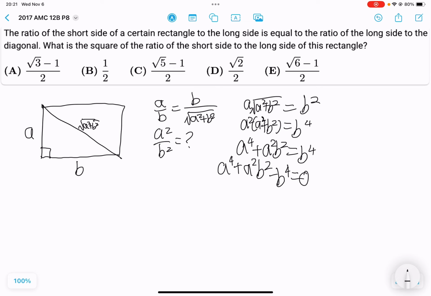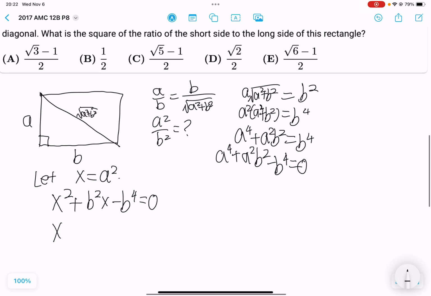But what we can do is solve it using the quadratic formula for A squared. To make this simpler, we're going to let x equal A squared. So we can write this equation as x squared plus B squared x minus B to the power of 4 equals 0.